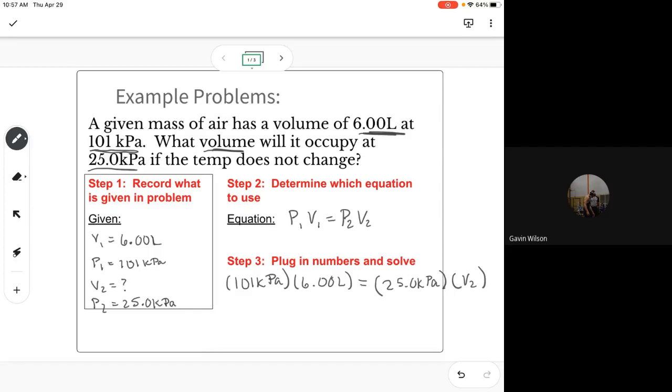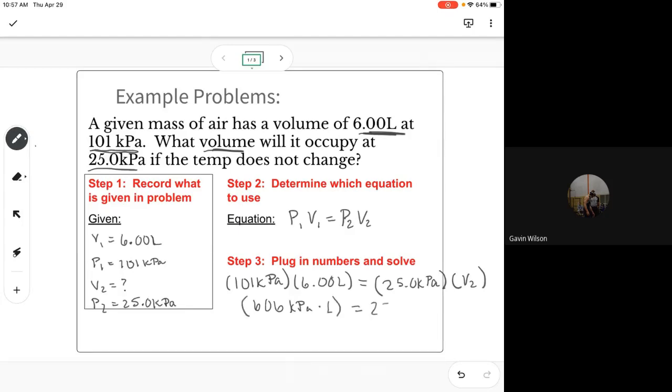So then we just solve from here. So we would take the 101 times 6, which would give us 606 for an answer. Let me add in the units quick. So kPa and liters both stay.